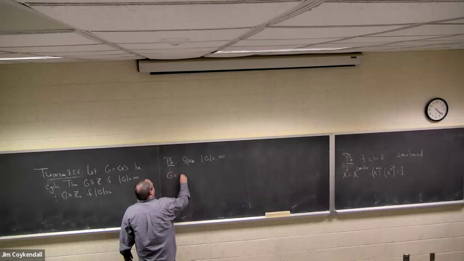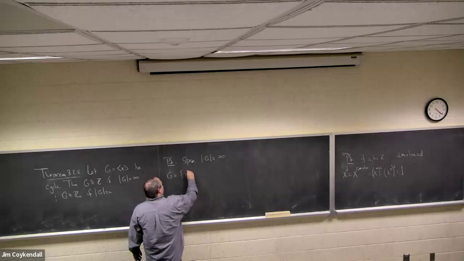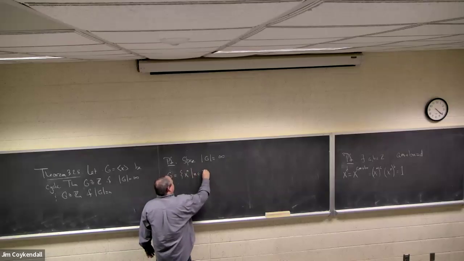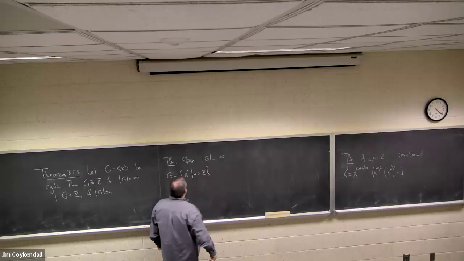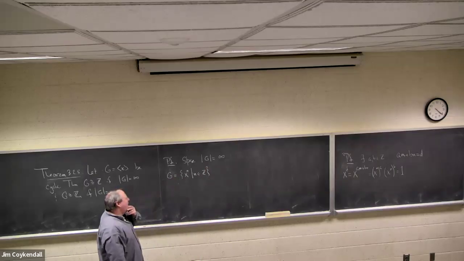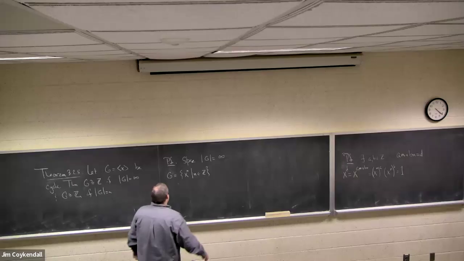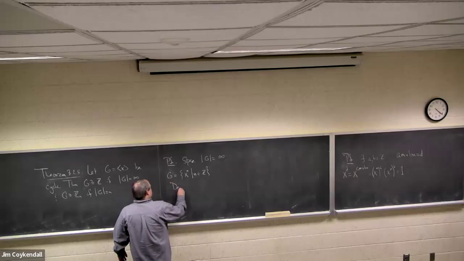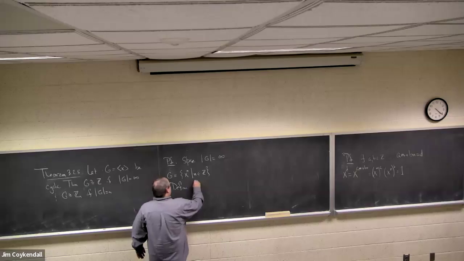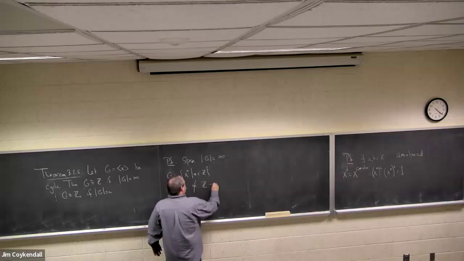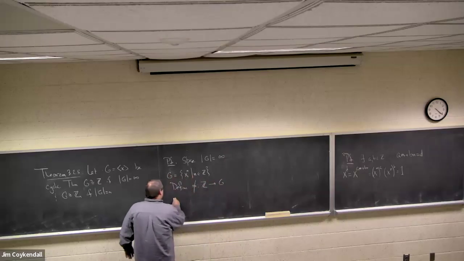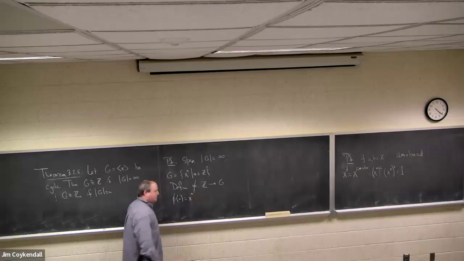G is, of course, the set of x to the n, n in Z. And I'm going to define phi from Z to G by phi of n is x to the n.